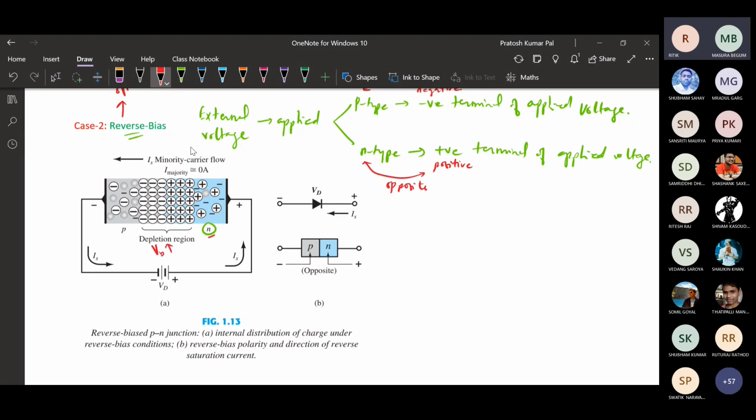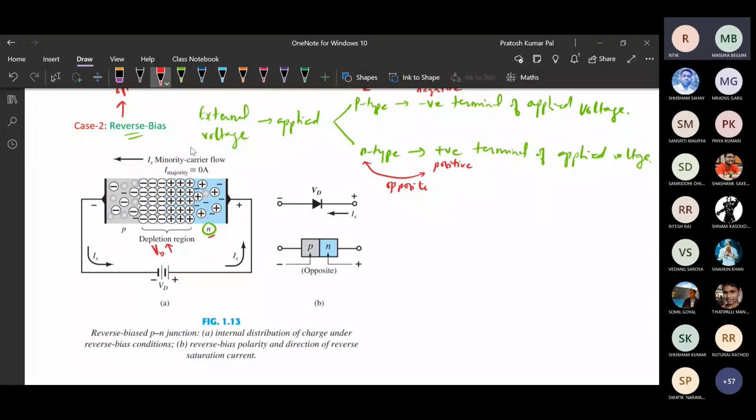So if the barrier potential increases, that means the electrons, which are available in majority here, can move to the p-type only when they have sufficient energy to overcome this barrier voltage, okay.